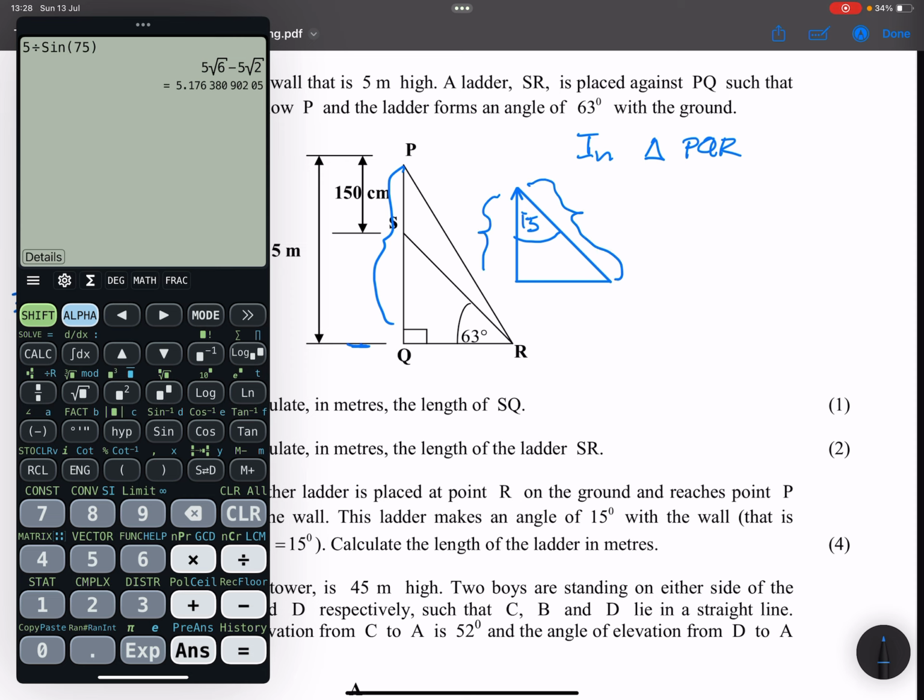That's P, that's Q, that's R. So notice, now PQ is on the adjacent side, so that means we're going to use the cosine of 15 degrees is adjacent, that's PQ, over hypotenuse, which is PR.